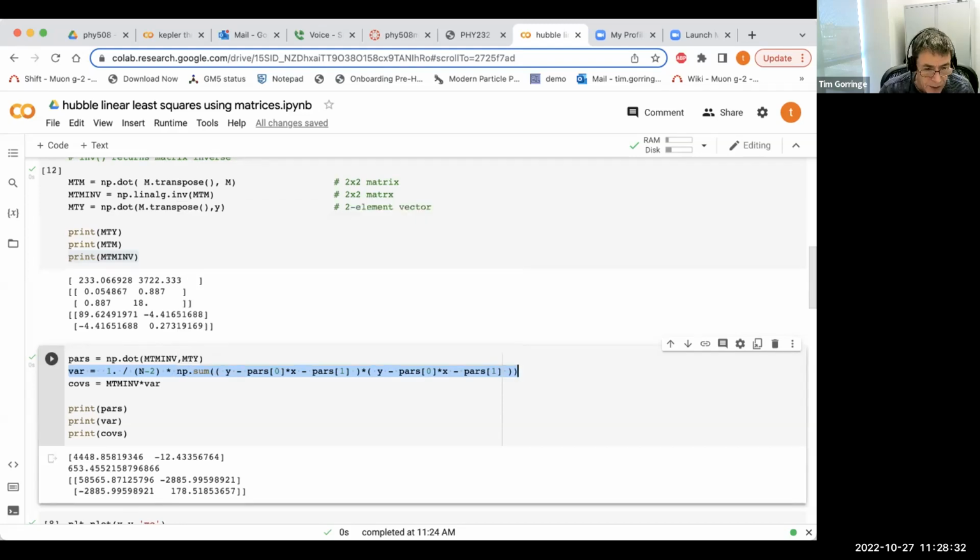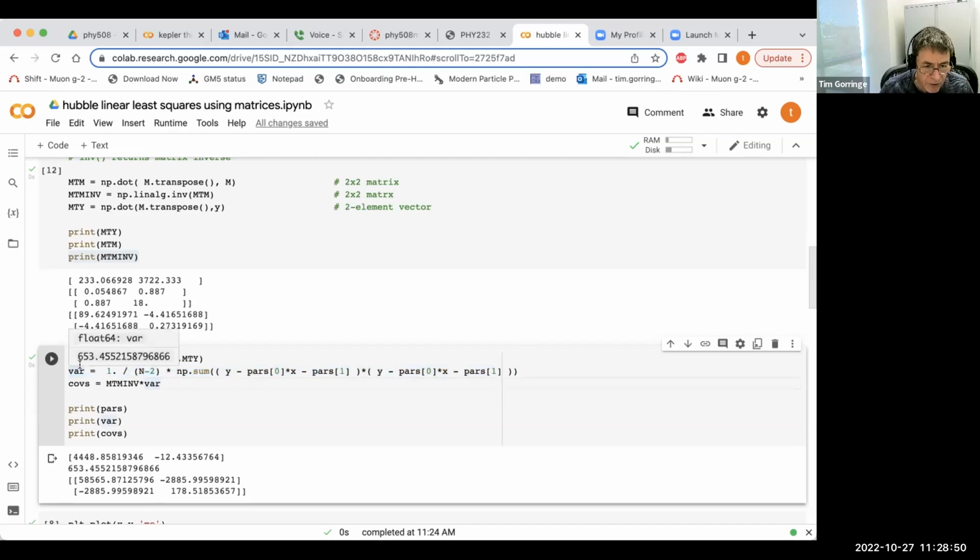So this statement here calculates sigma y squared, the variance of the data points, based on the scatter between the data points and the fit function.